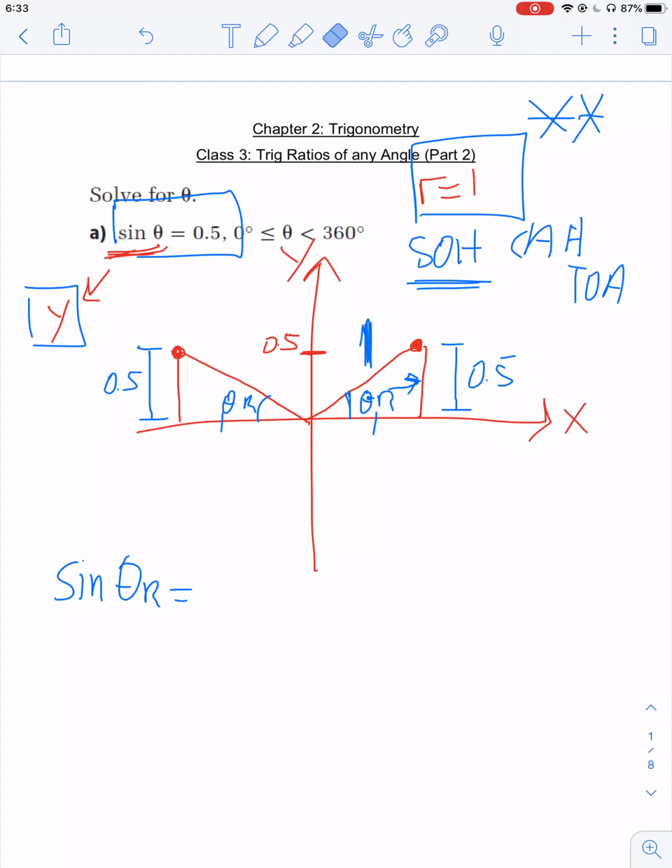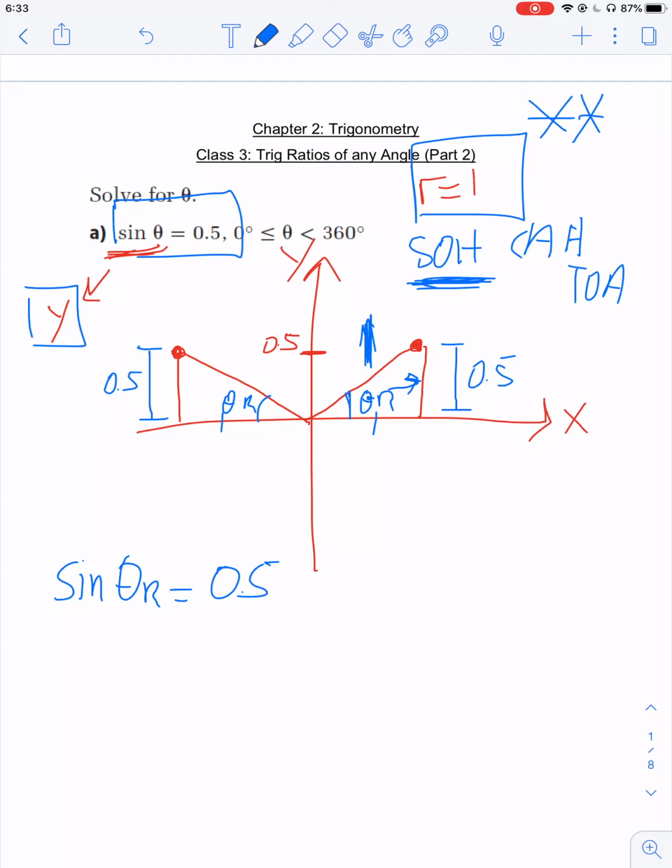So let's just erase this. I know that sine theta is equals to, using SOHCAHTOA, opposite, so 0.5 over my hypotenuse, which is 1, right? So you see, you don't have to put the 1, because if you divide 0.5 by 1, you still have 0.5. Now, how do you solve for theta r, using grade 10 math?